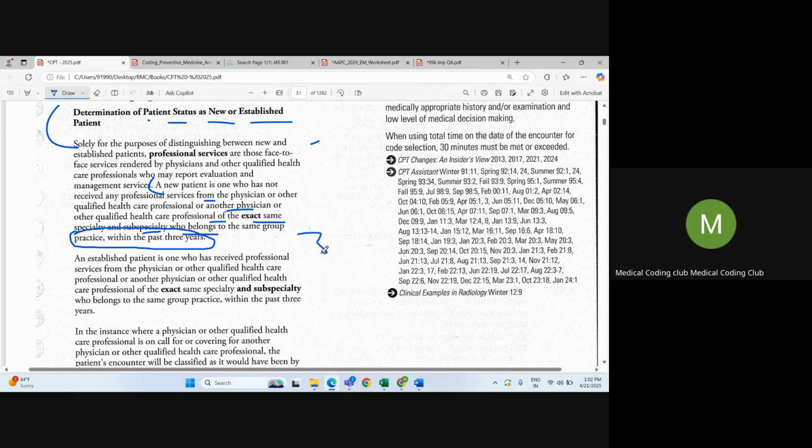If the patient did not take any service within the past 3 years, then also he will be considered a new patient. This is the second eligibility criteria for new patient. The first one, as you all know, is if the patient is completely new to the clinic or facility. The next point is he came to the clinic, but he had a 3-year gap. If he met that 3-year gap, again we will conclude him as a new patient.